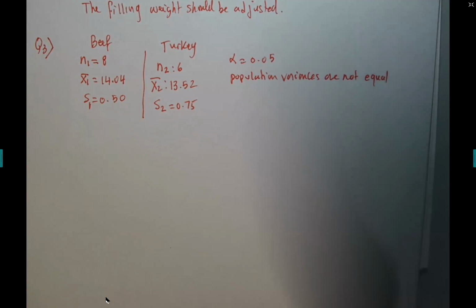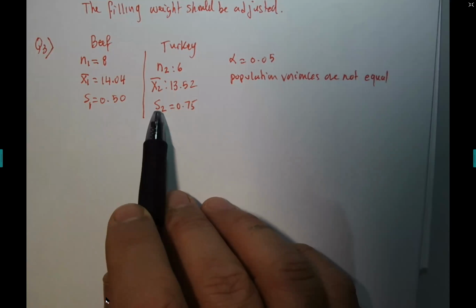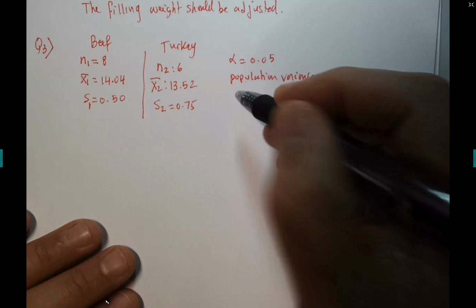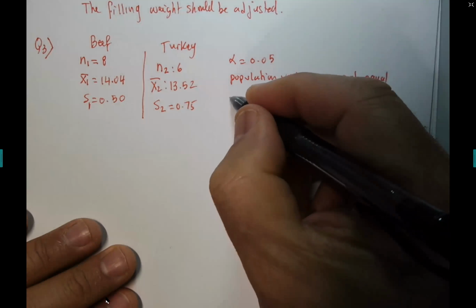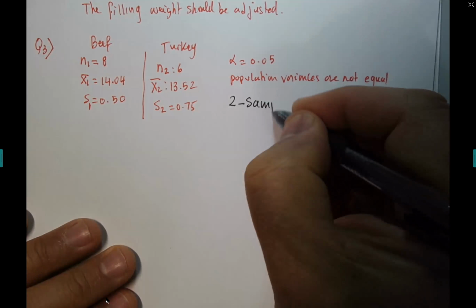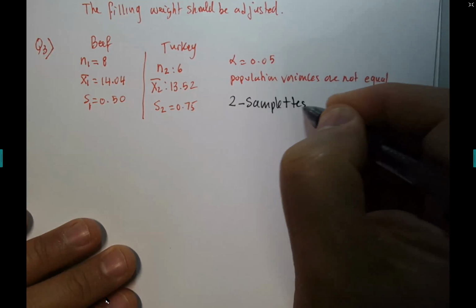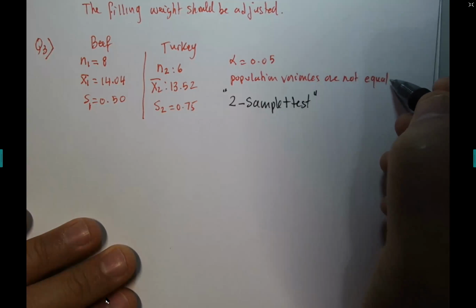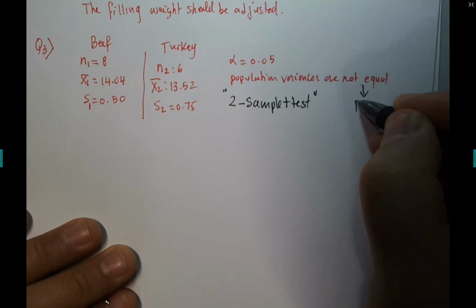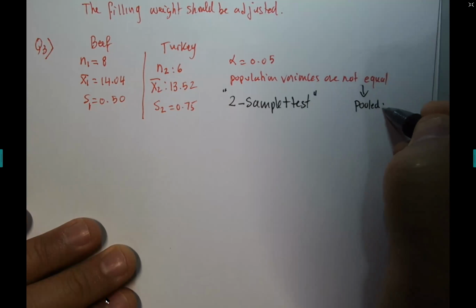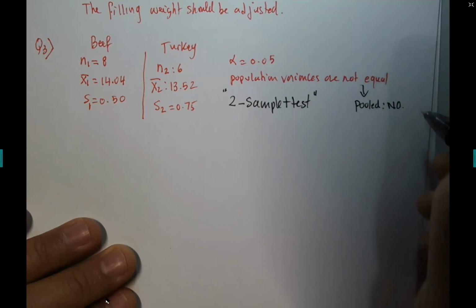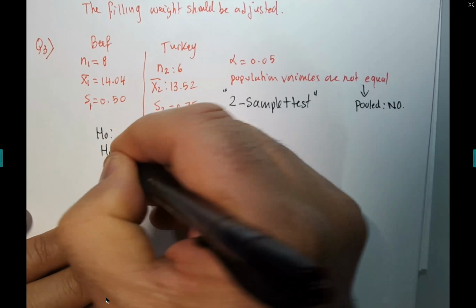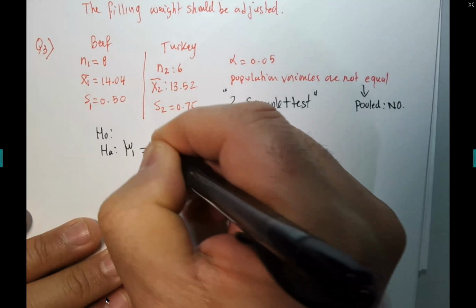Since he gives me S1 and S2, guys, it's a 2-sample t-test. The 2 samples are independent, so it will be a 2-sample t-test. And population variances are not equal means for pooled, we select no. So HO, he says if they are different, so mu1 is different from mu2.